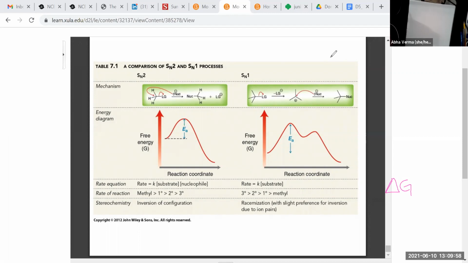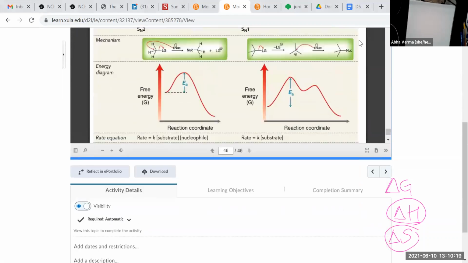Now, Gibbs free energy also decides the enthalpy, the entropy, okay, the delta S. Now, let's very quickly look at the factors that determine our delta G, or the Gibbs free energy.